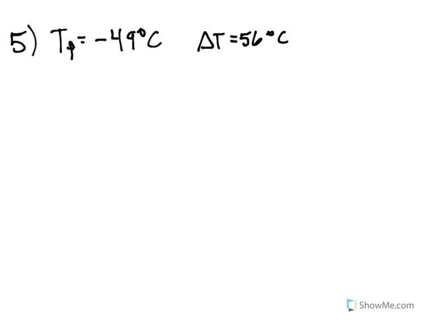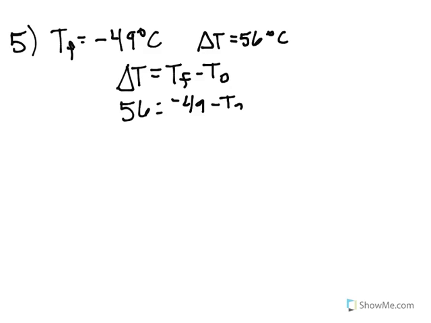So what I can do is I can use that and say my change in temperature is equal to final minus initial. So 56 is equal to negative 49 minus my initial. So my initial is 7 degrees Celsius, because this 56 was actually a negative. It decreased, it dropped that much.